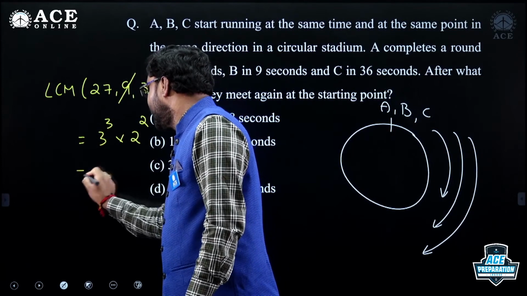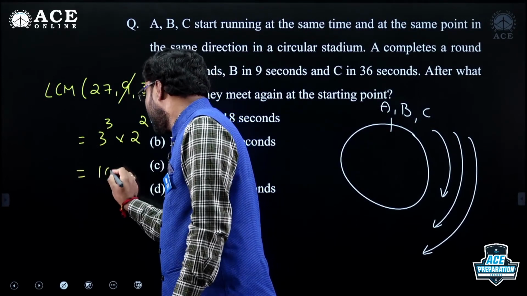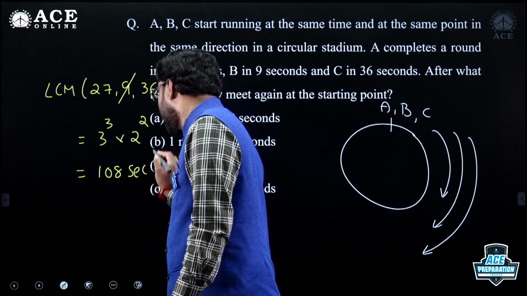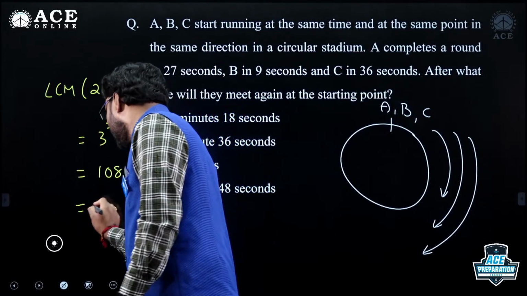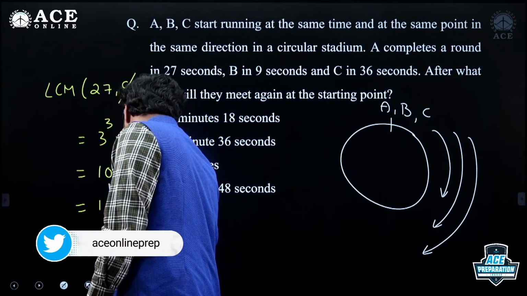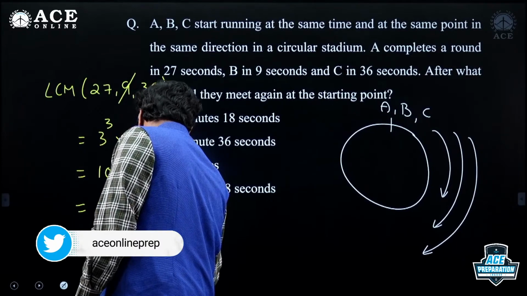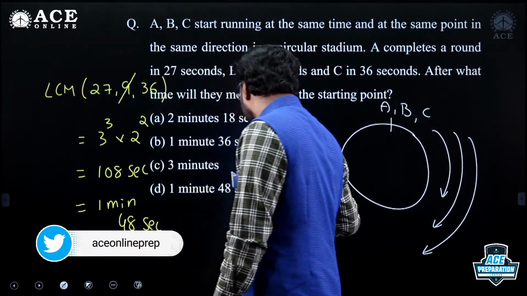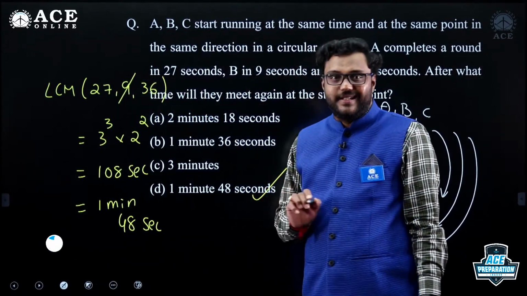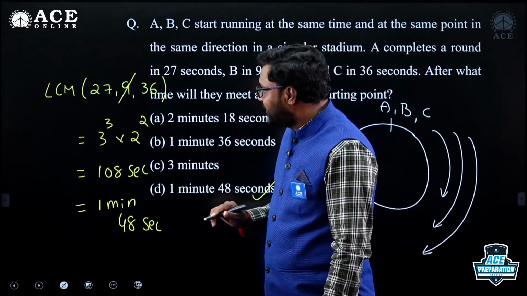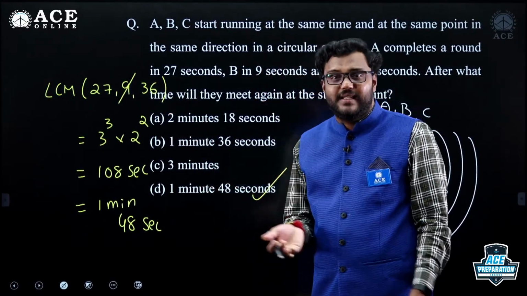It's actually 27 into 4, 108 seconds, or we can consider 1 minute 48 seconds. Yeah, it's option D, my dear friends, 1 minute 48 seconds. After 1 minute 48 seconds, these 3 people will meet at the starting point.